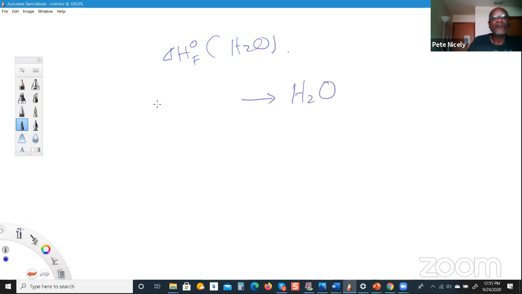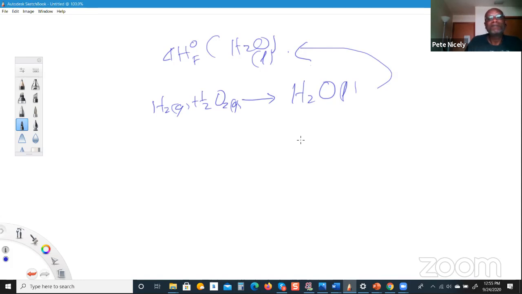So the equation for that reaction would be H2 gas plus half O2 gas to give H2O liquid. And you have to be specific in terms of the state symbol. It could be liquid, gas, solid, whatever. So basically, whatever the enthalpy change of this reaction is, as it is written, that would be the enthalpy of formation of water.